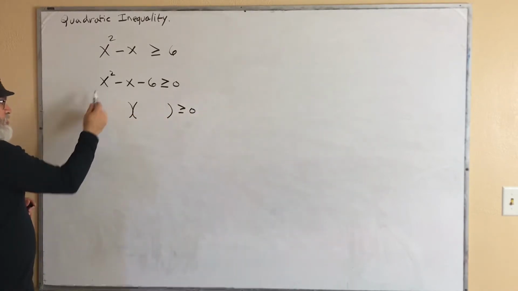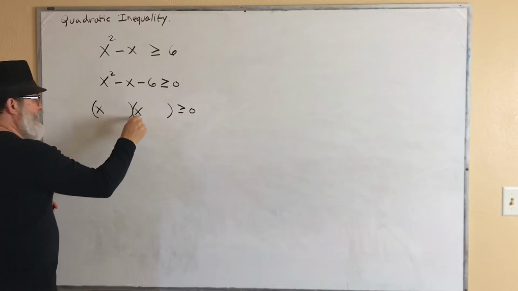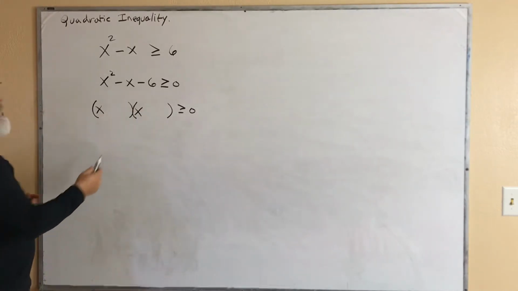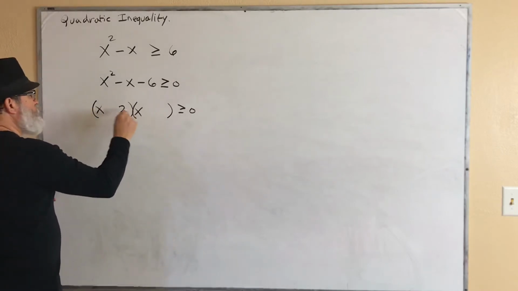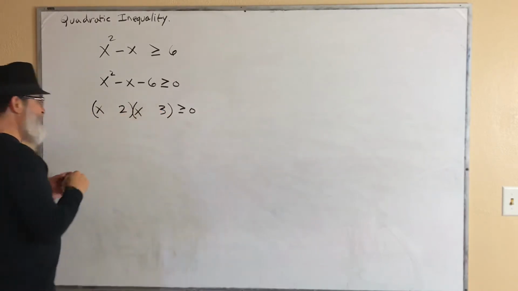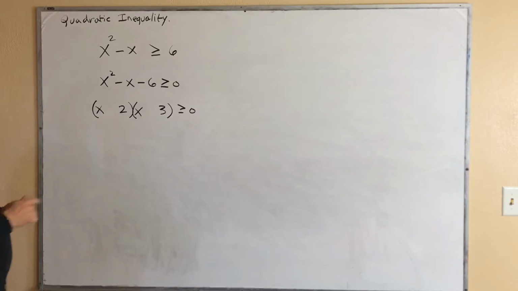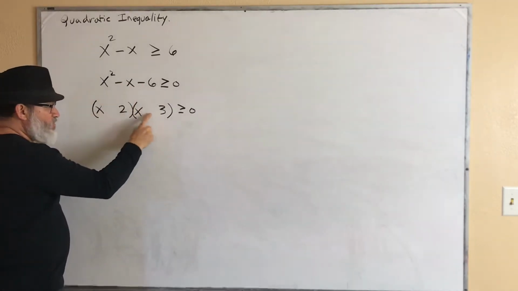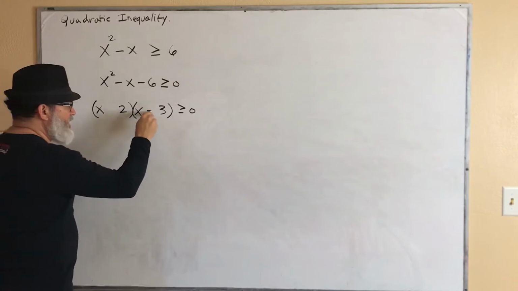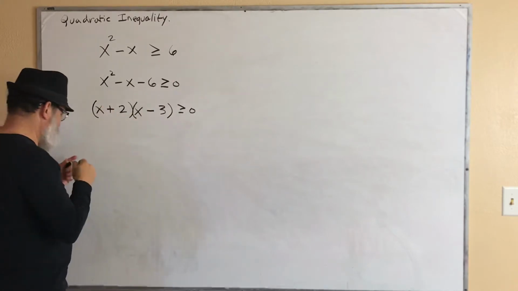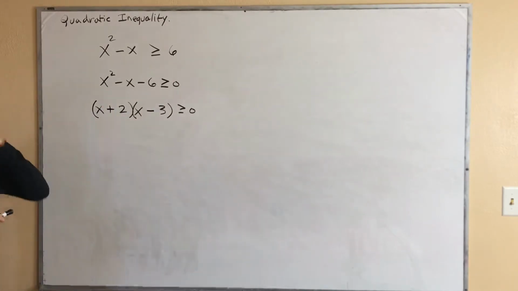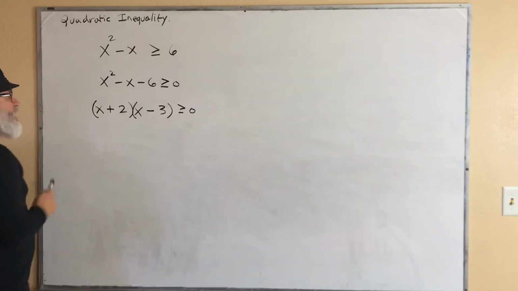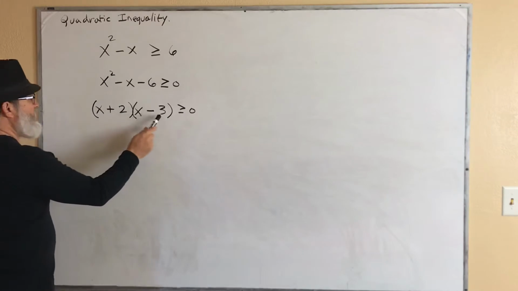So first, x times x is x squared. 2 times 3 is 6, but we need negative 6. Because this is negative, I'm going to make the bigger one negative, so this is going to be negative 3 and plus 2. Now I'm going to check. X times x is x squared. 2 times negative 3 is negative 6.